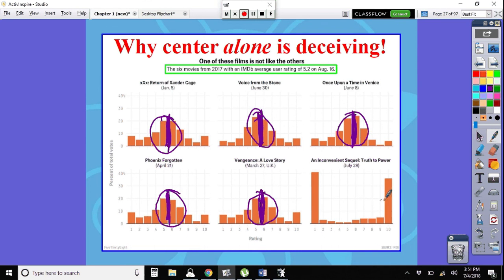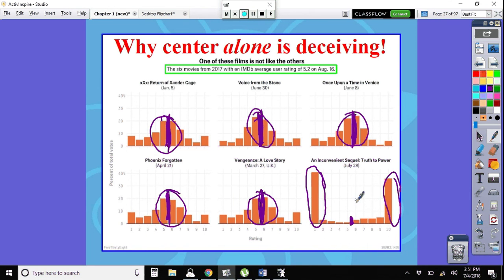But if we look at 5.2 in this last movie, 5.2 is right in between here between 5 and 6, and there really weren't a whole lot of people that gave this thing a 5 or a 6. On the other end here, we had lots of people that gave this movie a 1. We had lots of people give this movie a 10. But guess what happens when you average a 1 with a 10? You end up somewhere more in the middle here.